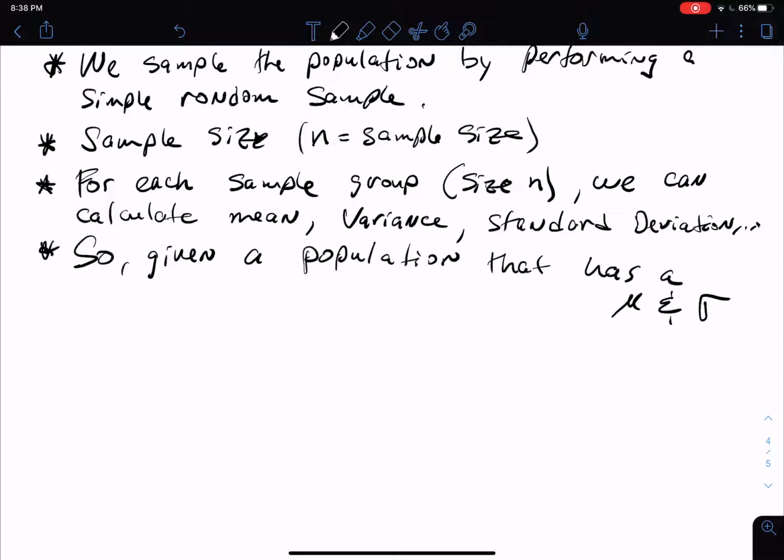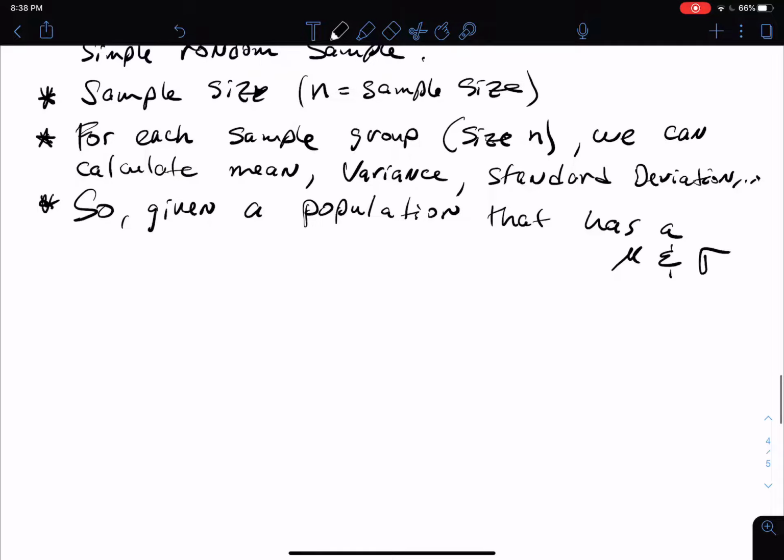Okay. So remember, for population we use mu and sigma.